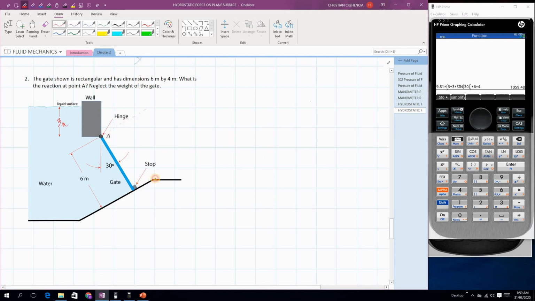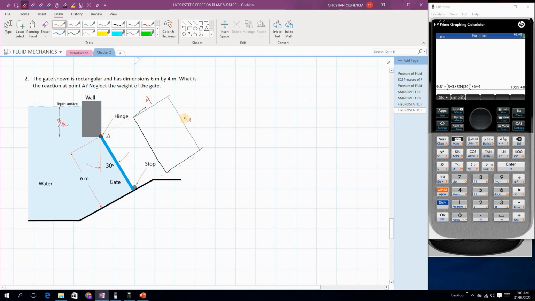So ano natin dito, parang ito yung gate natin, no? Okay. So this is 4 meters, this is 6.